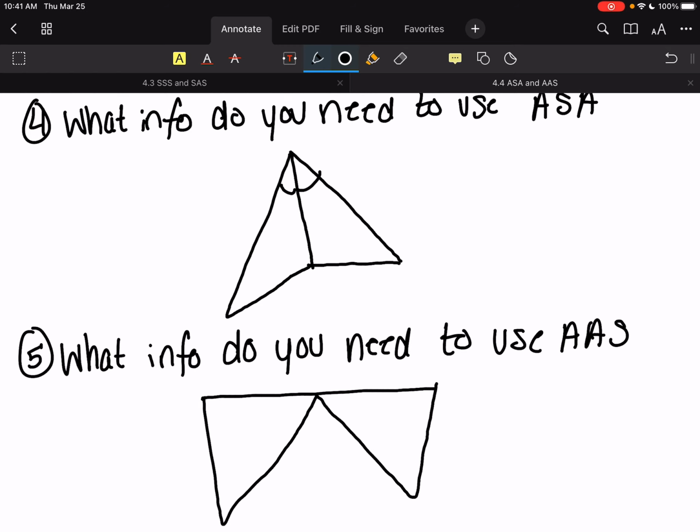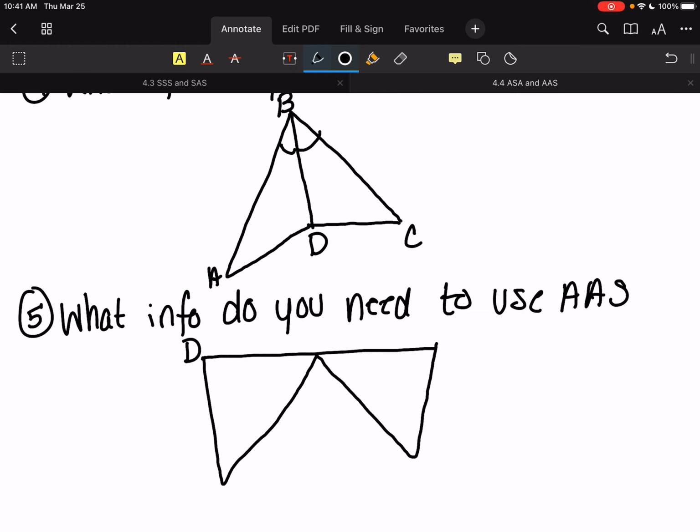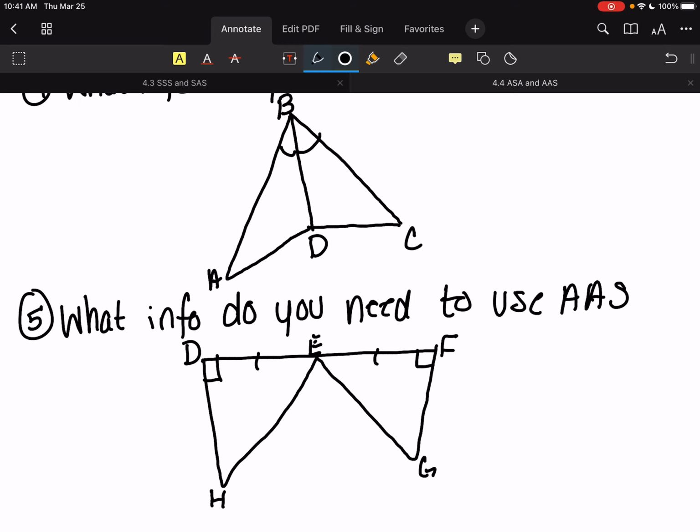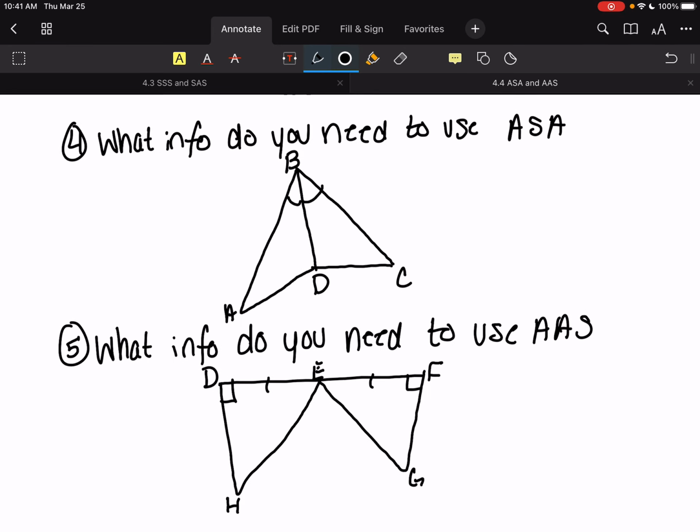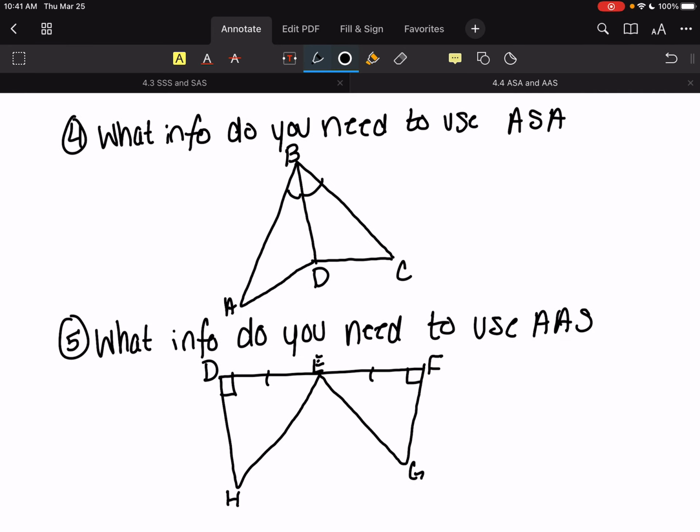Should probably label these points B, A, D, C, D, E, oops, F, G, H. All right, so there's your next 2 questions. What information do you need to use angle, side, angle for number 4? Number 5 is what information do you need to use angle, angle, side?